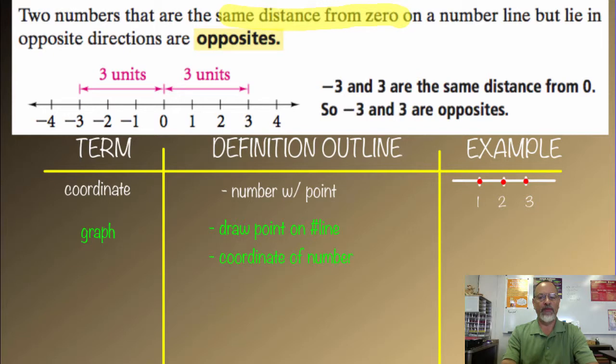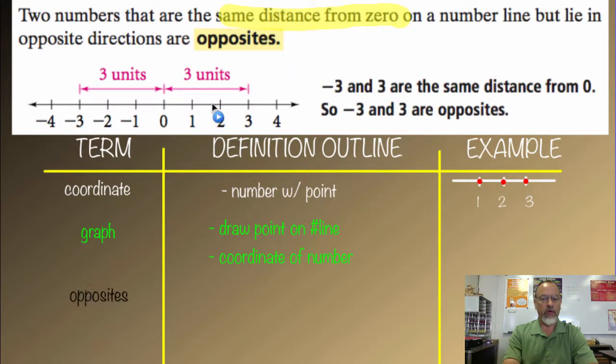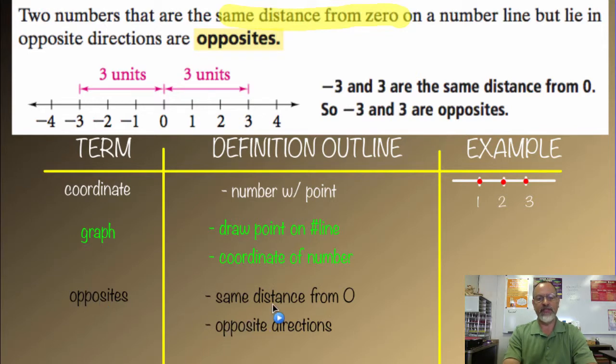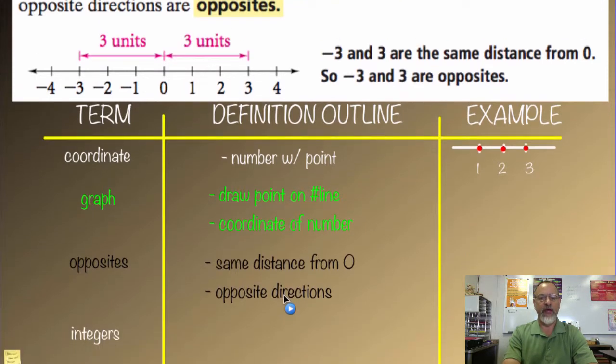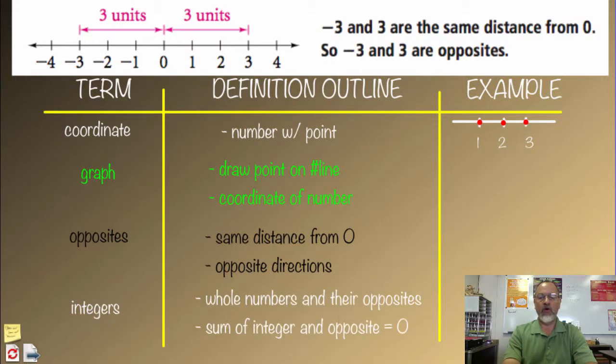So opposites are the same distance from 0. They're just going in different directions. Opposites are the same distance from 0, and they just go in opposite directions, one to the right, one to the left. Now, integers, if you think about it, make up all of the whole numbers and then all of their opposites.